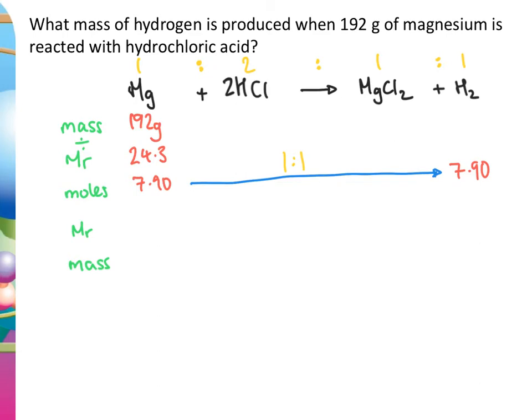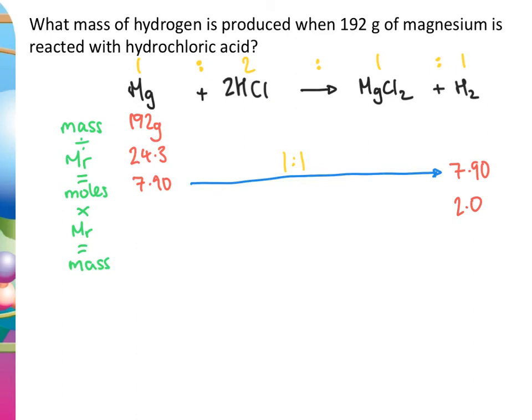And the MR of H2 is 2. Okay, and we know that moles times MR equals mass. So 7.9 times 2.0 comes up with an answer of 15.8.